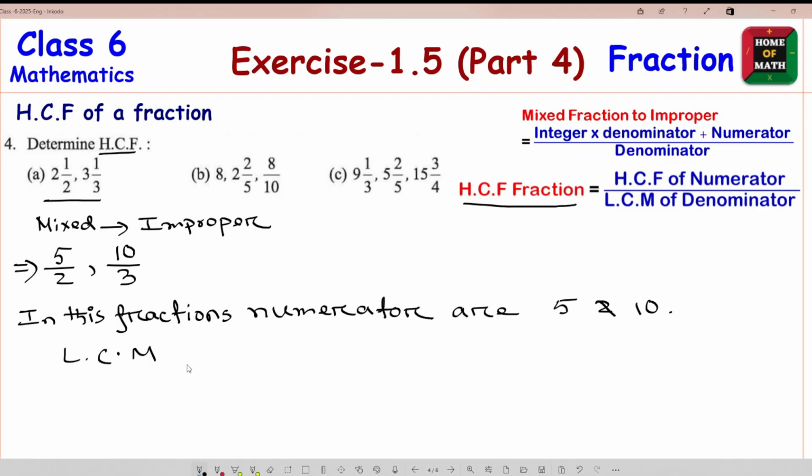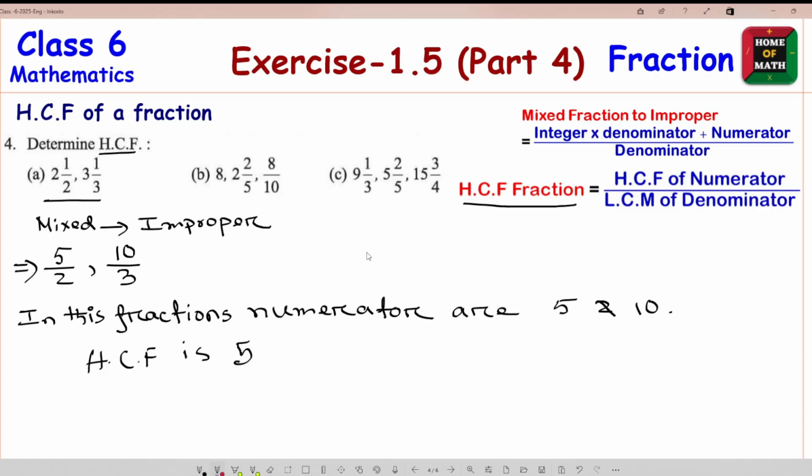First we have to find the HCF of the numerators. So 5 and 10, the common factor is 5.